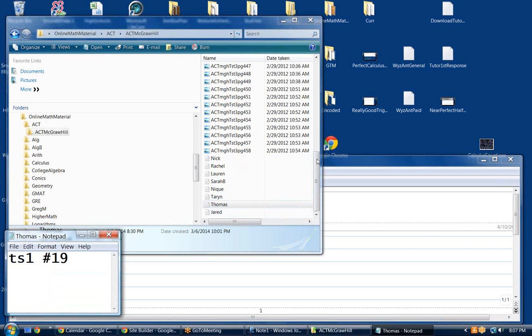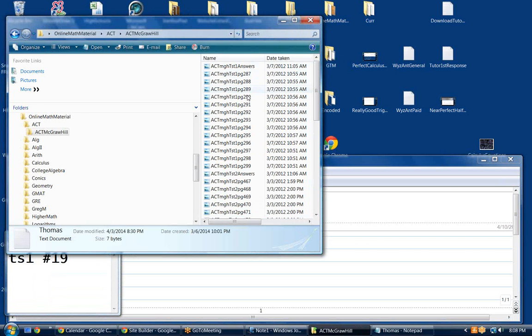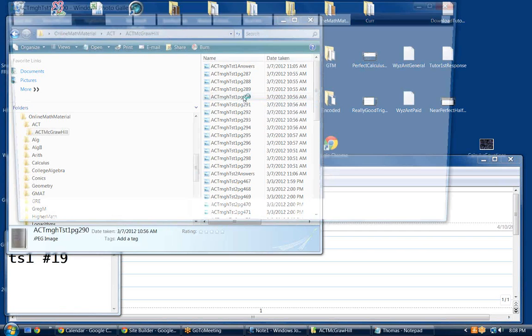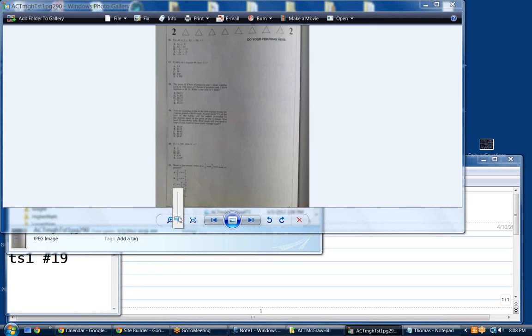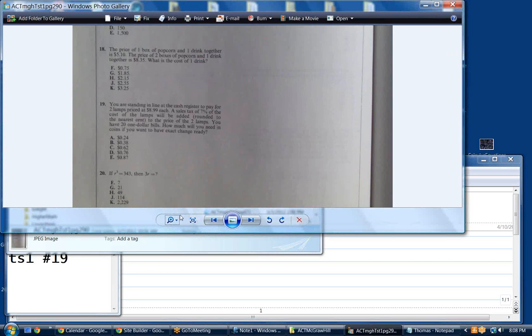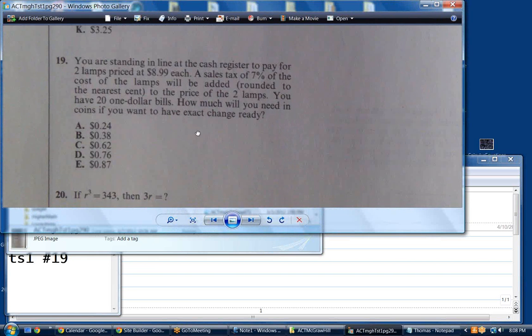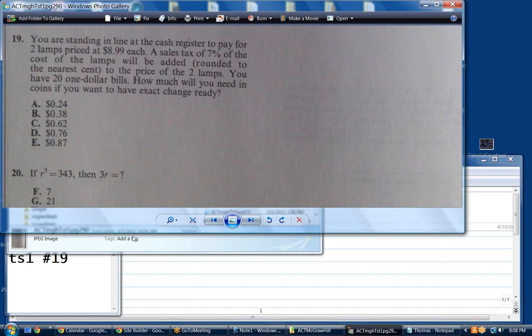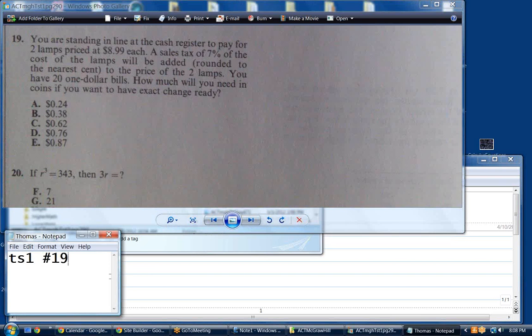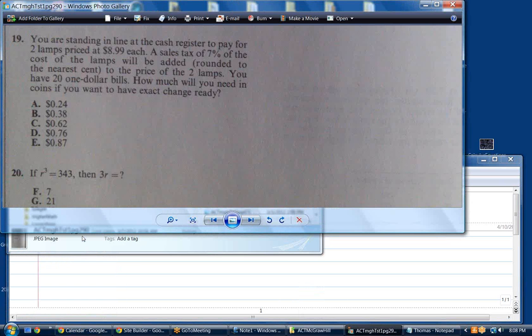Test 1, number 19. That's about there, I think. Yep. Now, occasionally I will forget to update this. So if you spot us doing problems that we've already done before, holler.